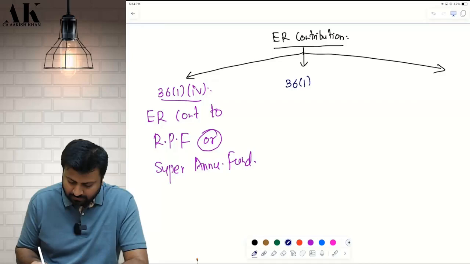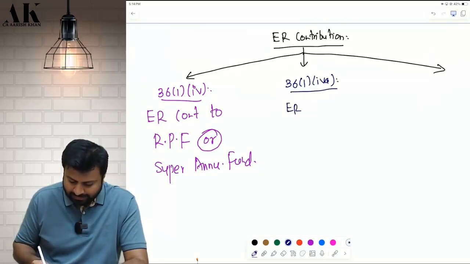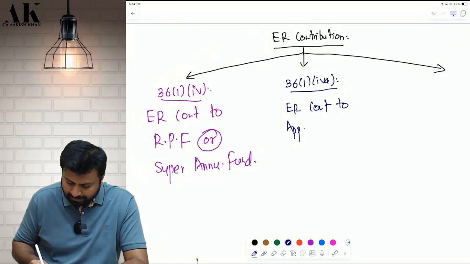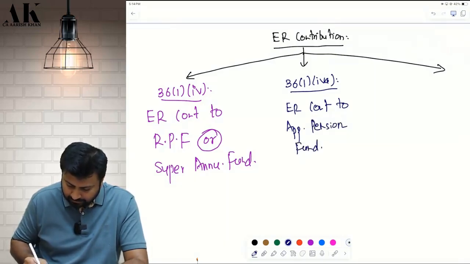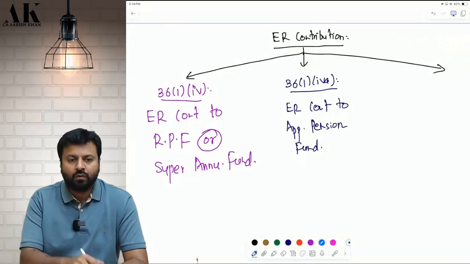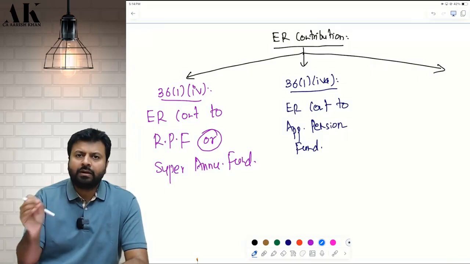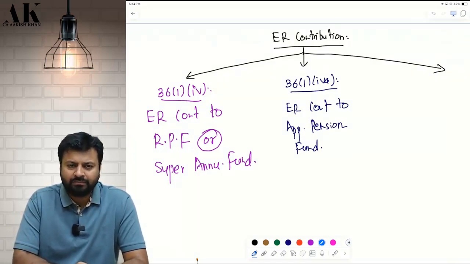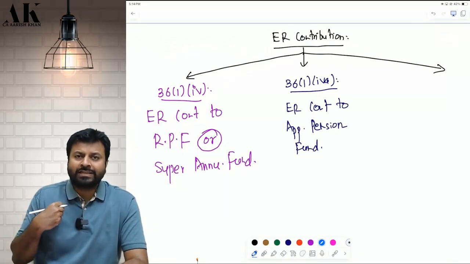Next one, 36(1)(iv)(a). Employer contribution to approved pension fund. Approved what? Pension fund. So I'm contributing an amount to your pension fund so that on retirement you should get some money on pension. Then that is also allowed as a deduction to the employer.